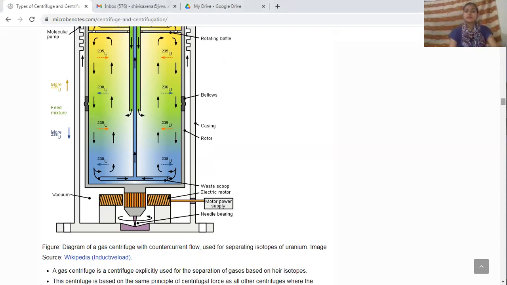A gas centrifuge is a centrifuge used for the separation of gases based on their isotopes. This centrifuge is based on the same principle of centrifugal force as all other centrifuges, where the molecules are separated on the basis of their masses.